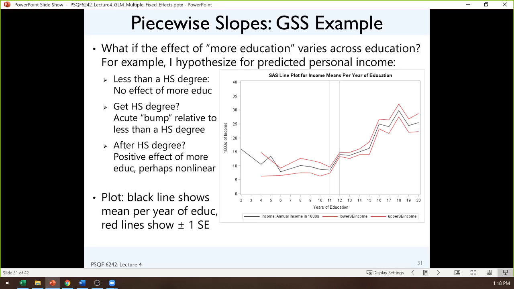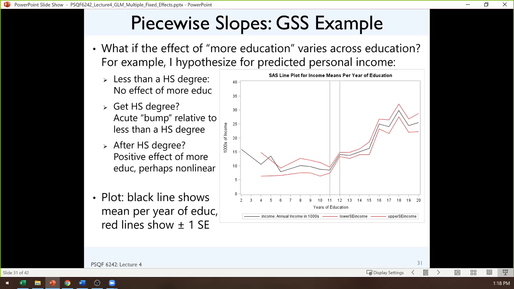This is what's known as a linear spline model or a piecewise slopes model. This type of application has a lot of uses, and I wanted to give you a chance to practice it. So this is the last part of your homework 4 that we have yet to talk about.